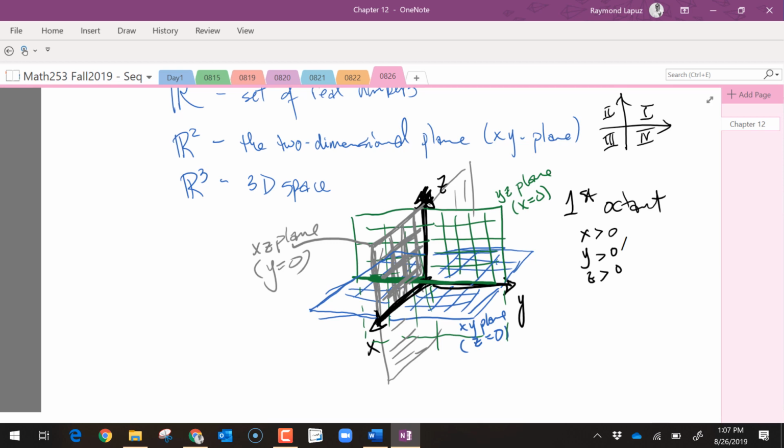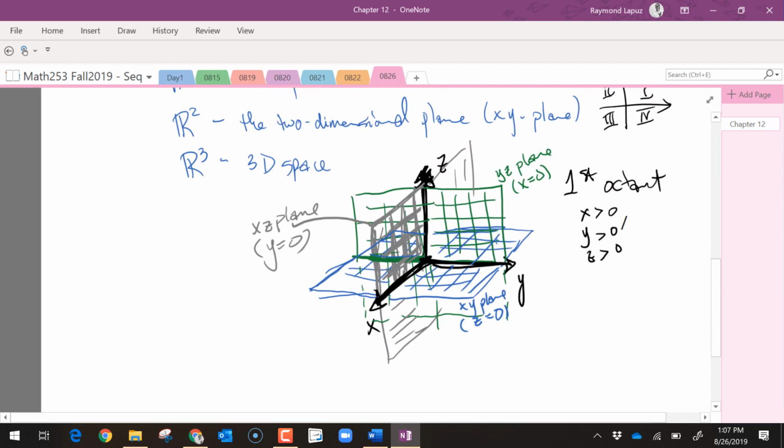All right. So again, the first octant is when everything's positive. You can think about the second, third, fourth octants as like the quadrants, and just having z positive.